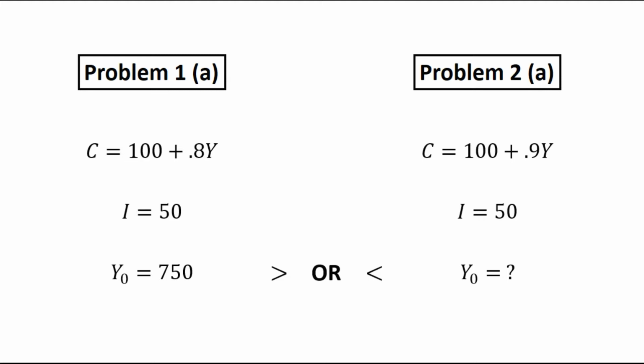One difference that we can observe between these two questions is that MPC was 0.8 in problem 1, while it is 0.9 in problem 2. So basically it has a higher MPC as compared to this one.